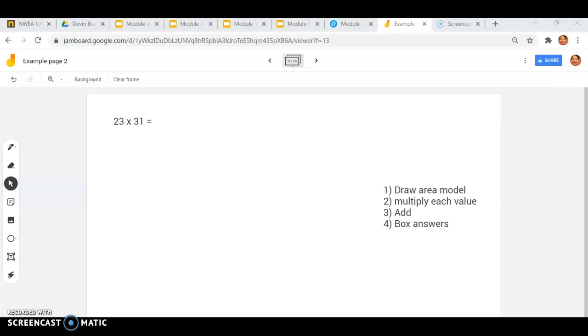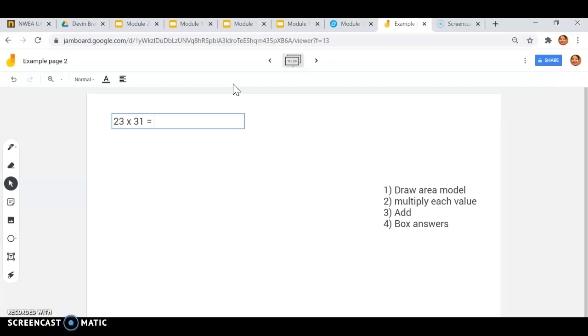Okay, so on Friday, we talked about multiplying multi-digit numbers, and we're going to be doing the exact same thing today. What we talked about was when multiplying multi-digit numbers, we can write it in unit form.